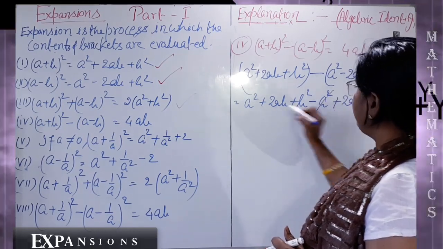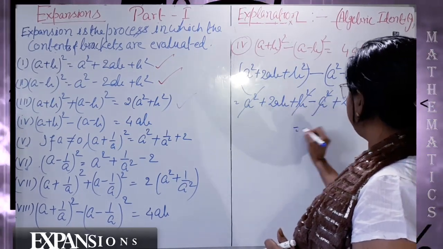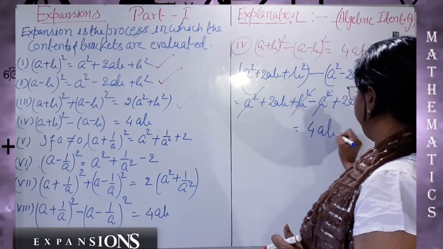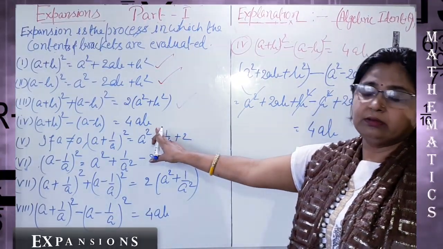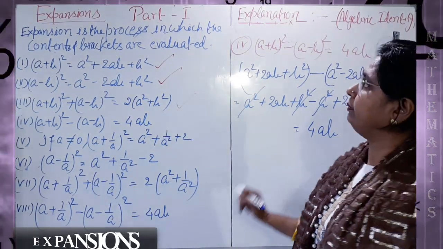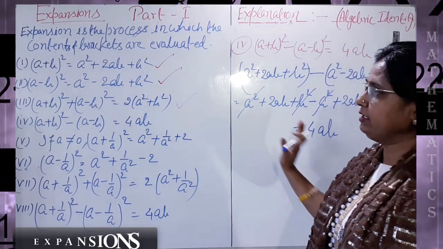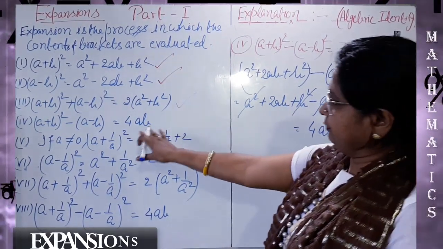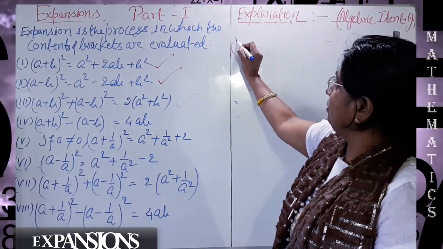Now a square cancels, b square cancels, and it is equal to 4ab. You can see 4ab. This algebraic identity is proved. Like this we proved the fourth number, and now we will prove the fifth number.